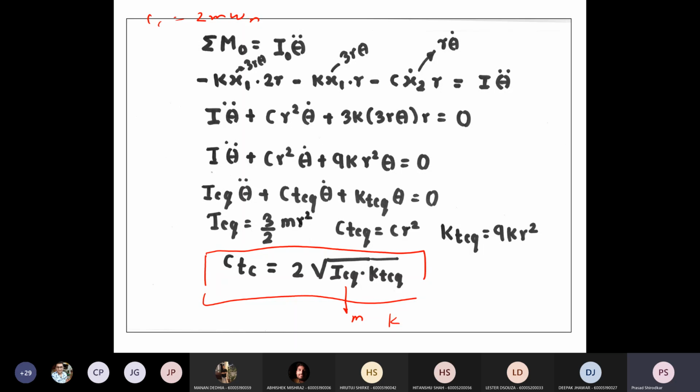Omega n is square root of k by m. So this is 2m into square root of k by m, which becomes 2 into square root of km. For torsional, the equivalent of k is k torsional and the equivalent of m is the inertia. Everybody understood how I got it?